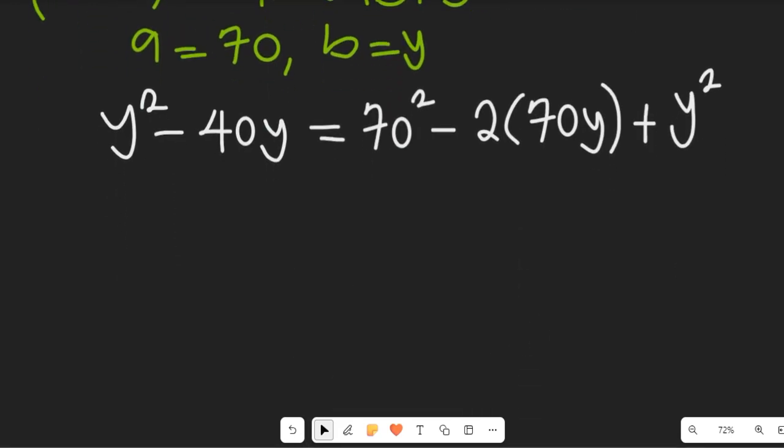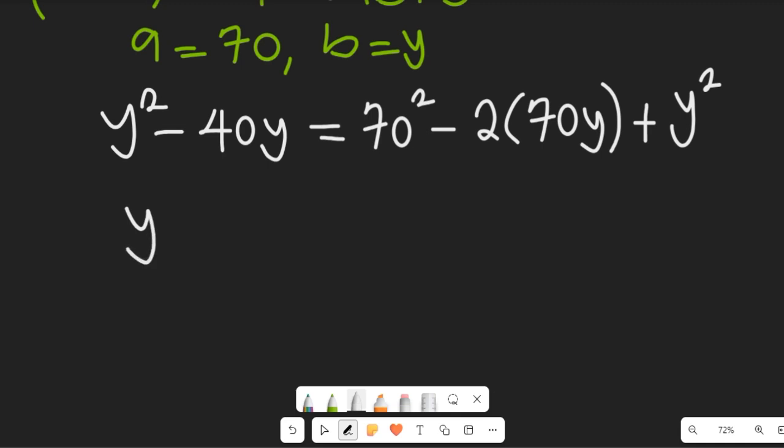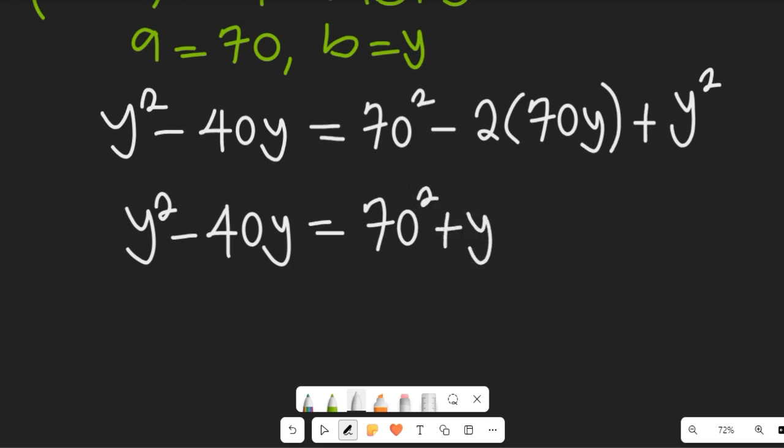So that expression will now give us 2 times 70y will now give us 140. So we'll have y squared minus 40y equal to 70 squared plus y squared, and this will be minus 140y.